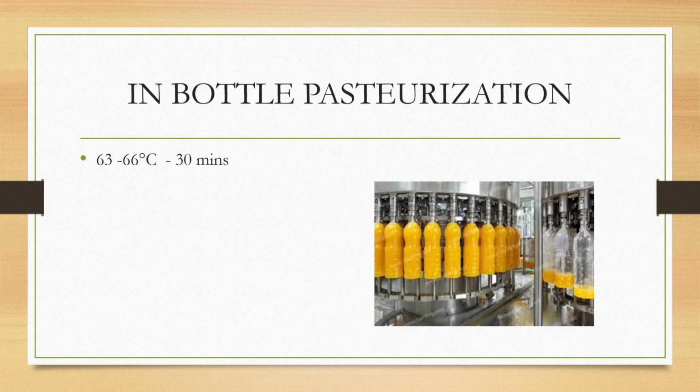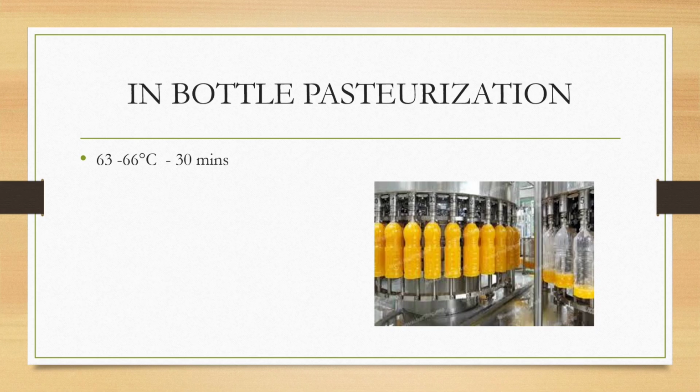Now, in-bottle pasteurization. If you see the picture, we'll have a clear idea of what it is. For example, raw milk is filled in glass milk bottles, which are tightly sealed with special caps. These bottles are subjected to heat treatment. When it is a heat treatment, always remember there is a time and temperature combination.